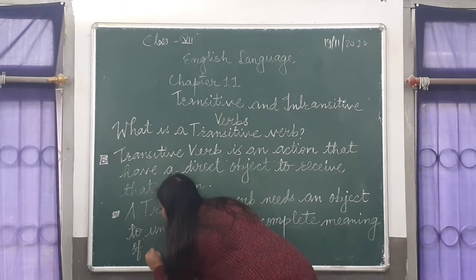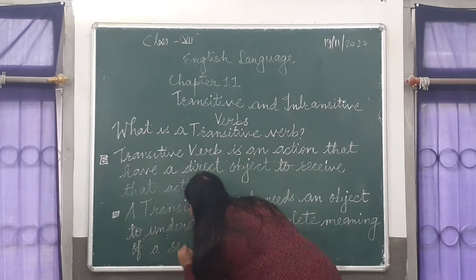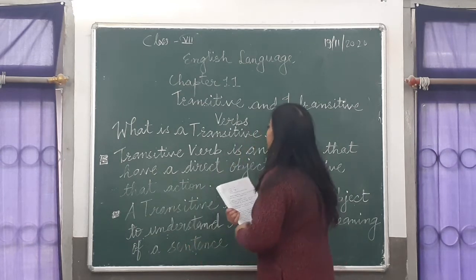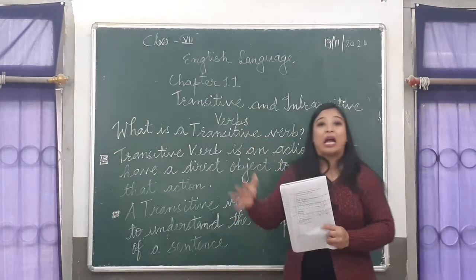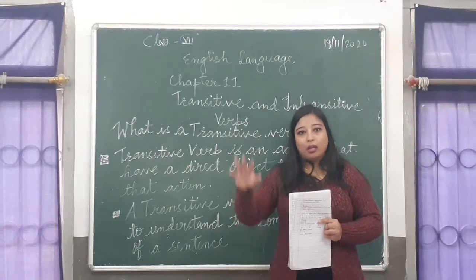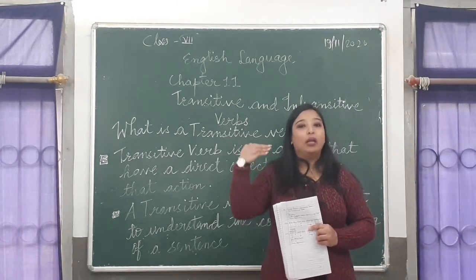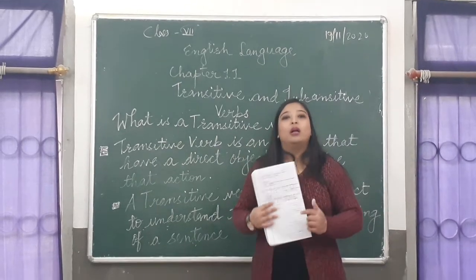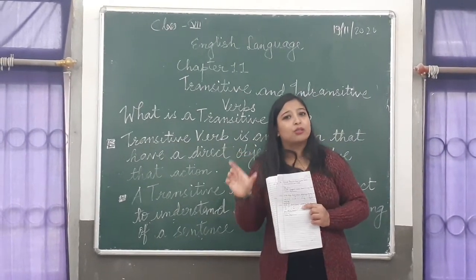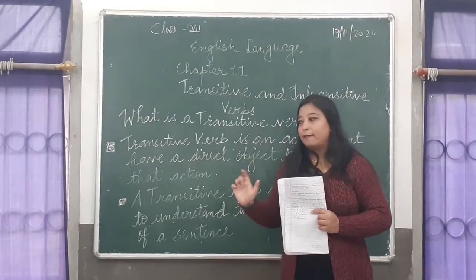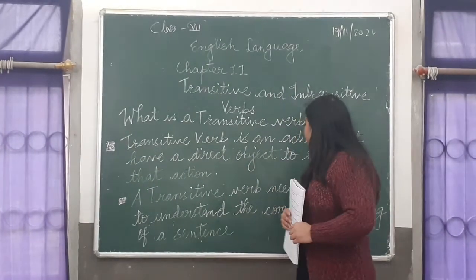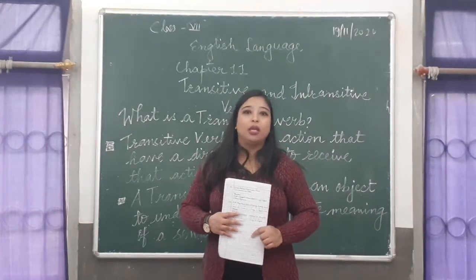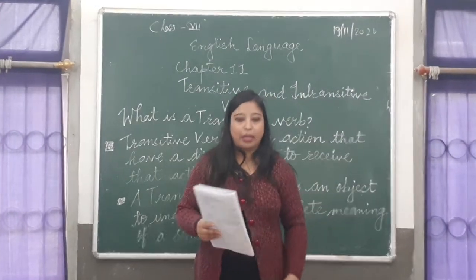So any action that has been received by a direct object is known as the transitive verb. In other words, a transitive verb needs an object to understand the complete meaning of the sentence.